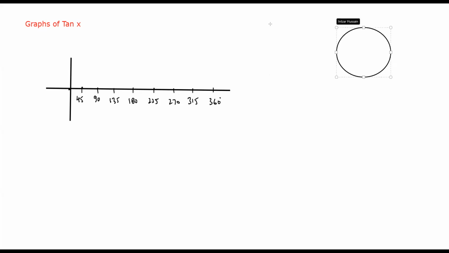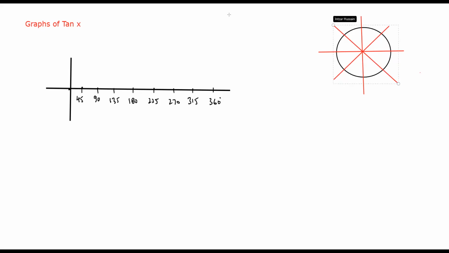And then secondly, you should remember its critical values. Since we have 8 critical values of this tan x over 360 degrees, that is why we're marking this after every 45 degrees.